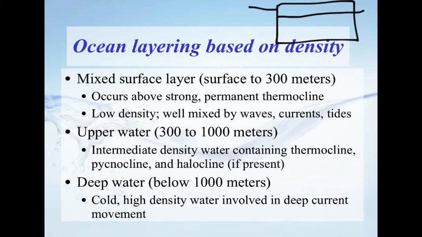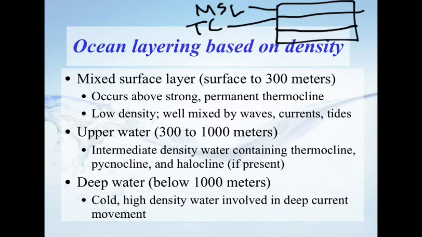So far we have the mixed surface layer, and then I'm just going to put TC for thermocline, which is the first layer of icing between the mixed surface layer and what's below it, which we will call upper water. Some books call it intermediate water.